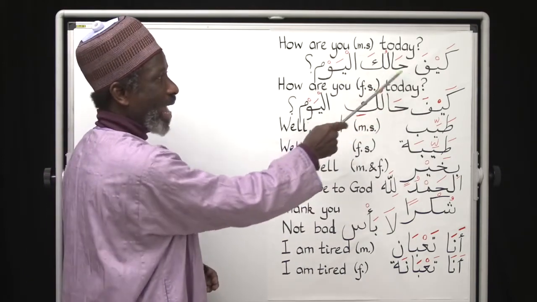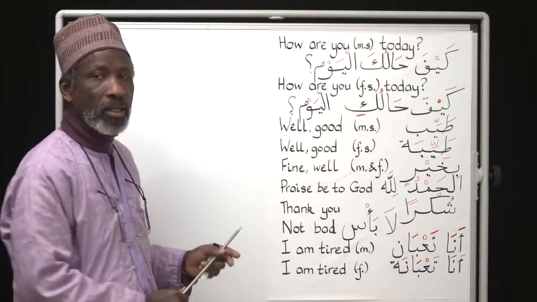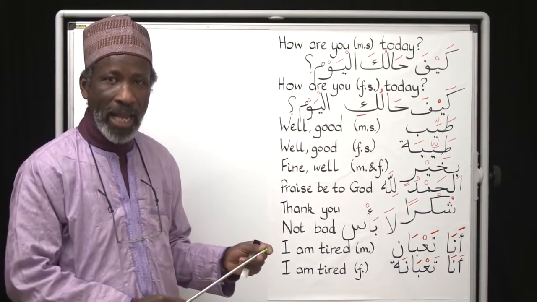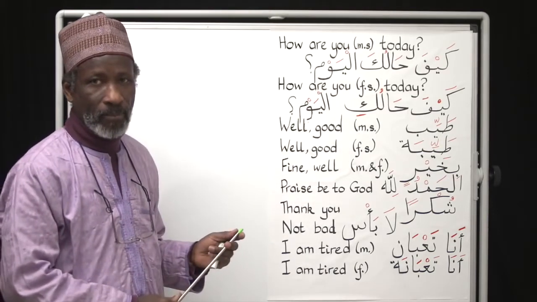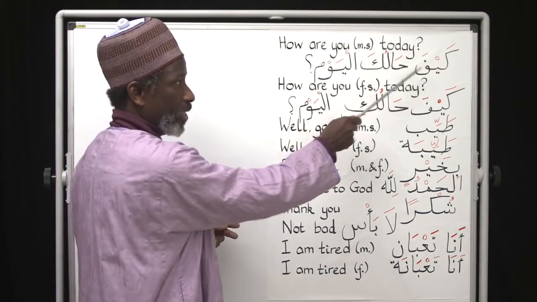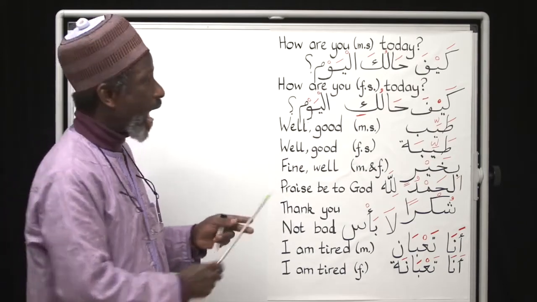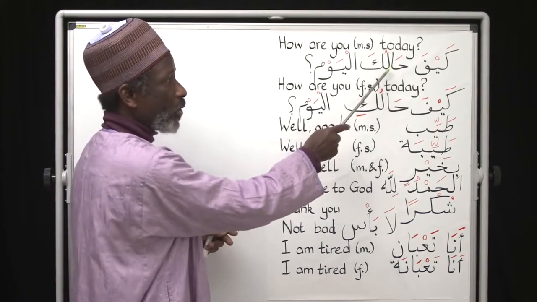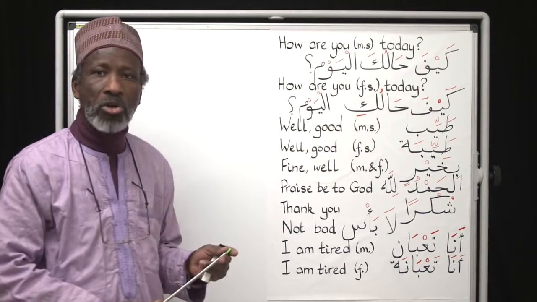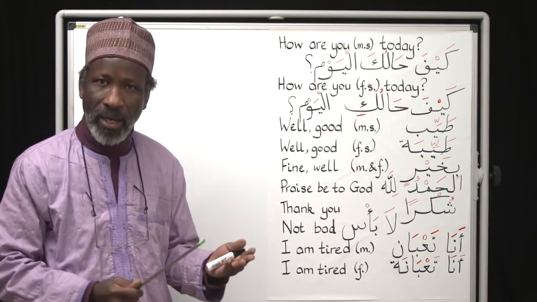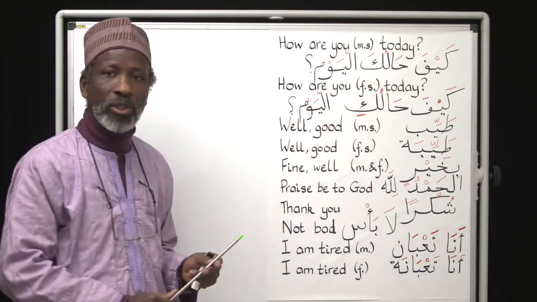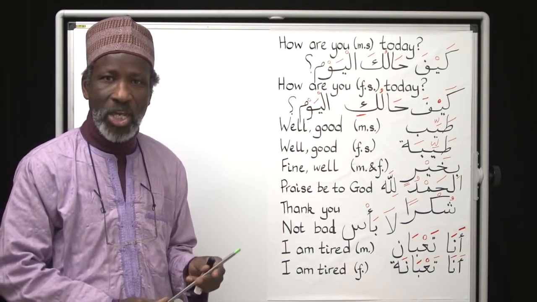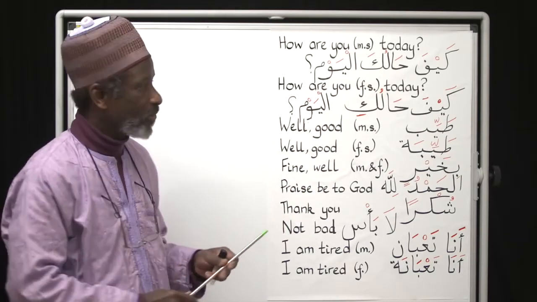So, Kayfa haluka al-yawm. How are you today? Al-yawm is today. Kayfa is how. Hal on its own means condition, the state of affairs. Ka is the person you are speaking to, in this case, you, male.